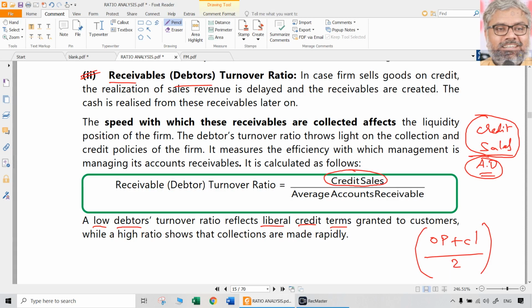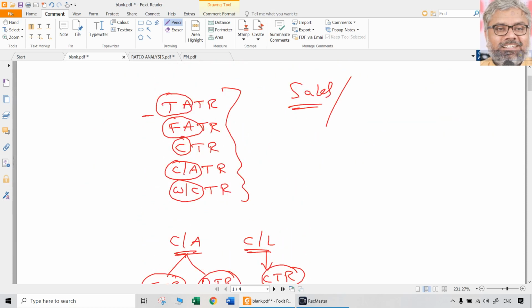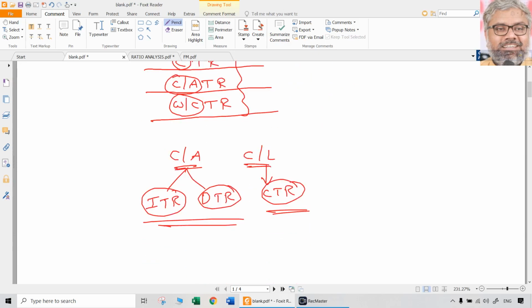But what kind of efficiency? That is represented in different levels. Total assets turnover ratio represents the efficiency of better usage of all the assets. This represents the better usage of only fixed assets. This represents the better usage of capital employed. This represents better usage of current assets. This represents better usage of working capital.